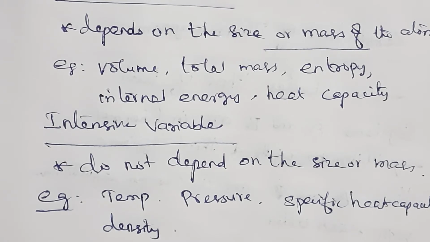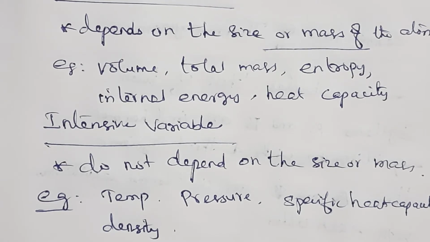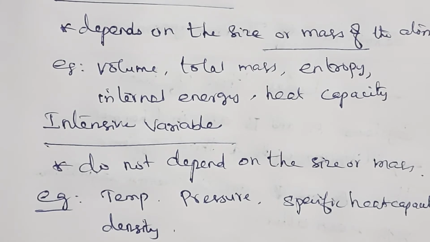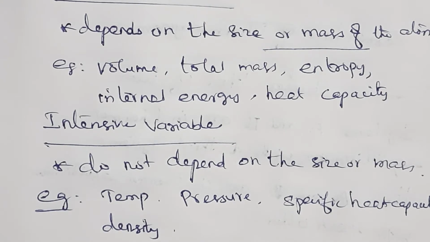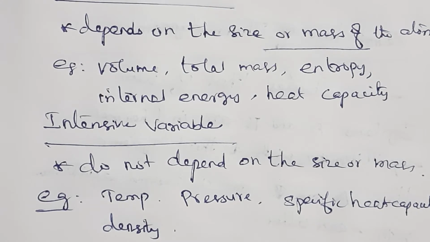For example, temperature, pressure, specific heat capacity, density, etc. They will not depend upon the size or mass of the system. So this is about the two types of variables: extensive and intensive variables. Thermodynamic state can be represented by means of thermodynamic variables, and here we have discussed intensive and extensive variables.